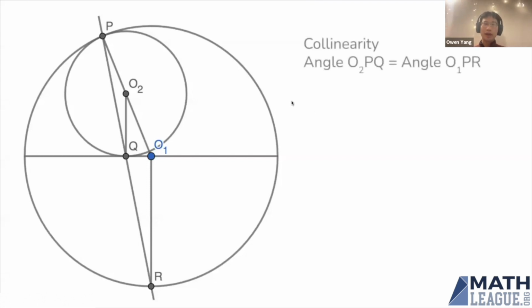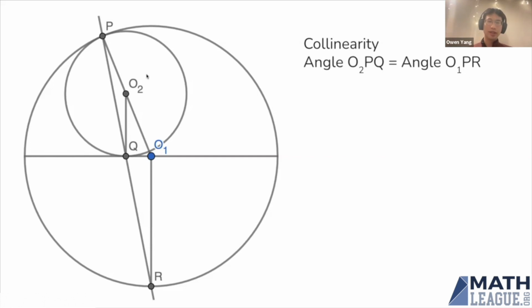First off, because we know that P is the tangency point, it will be collinear with O1 and O2. And so from this, we have the pretty obvious angle equality of the angle O2PQ and O1PR.